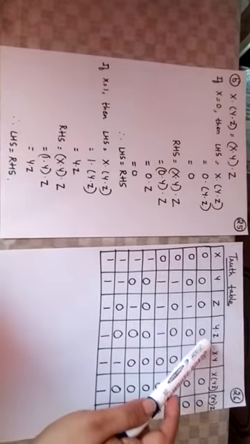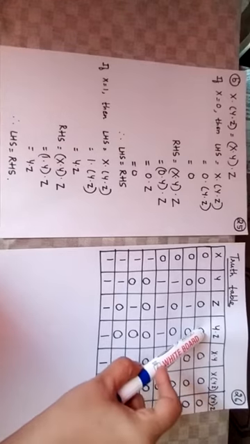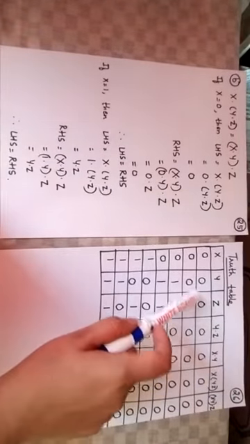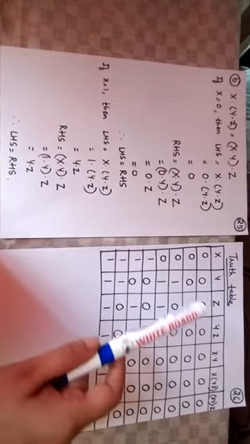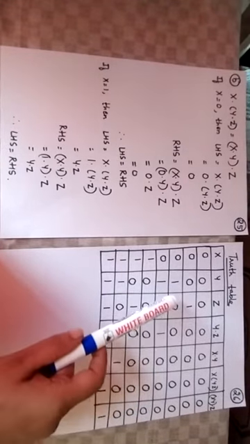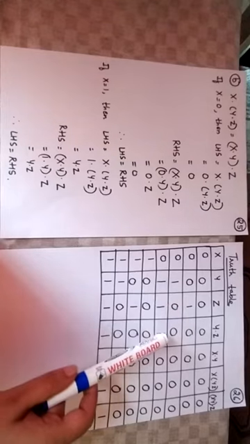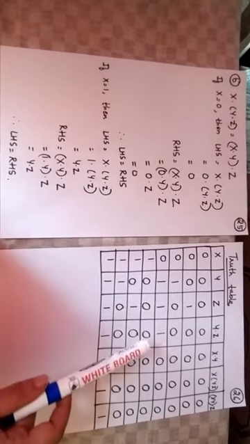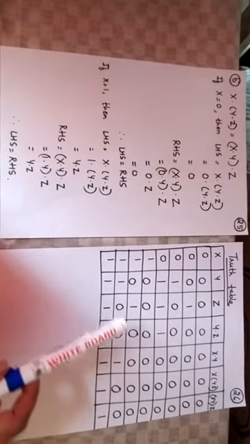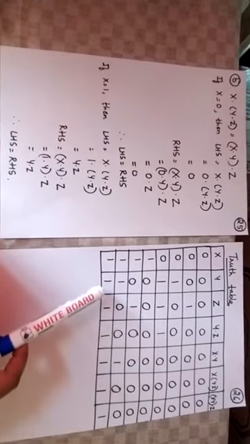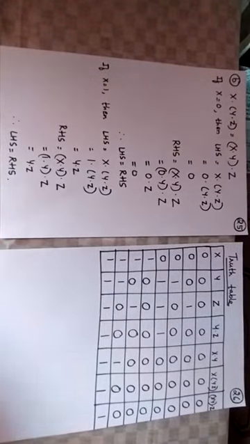Now I have to do y · z. So for these 2 columns I have to go on. 0 · 0 results in 0. 0 · 1 results in 0. 1 · 0, 0. 1 · 1, 1. Then 0 · 0, 0. 0 · 1, 0. 1 · 0, 0. 1 · 1 results in 1.